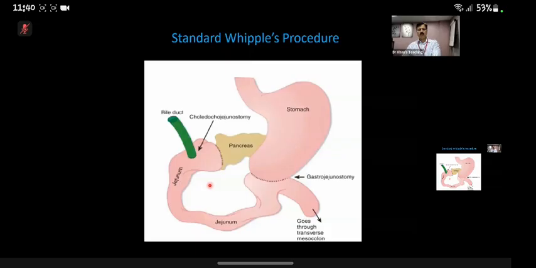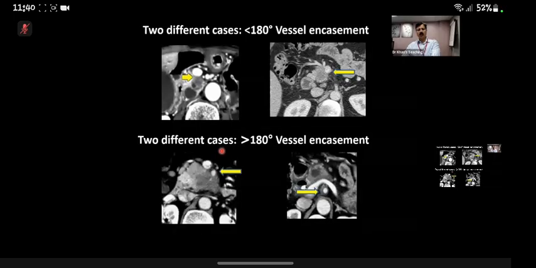Of course, if the tumor is in the body or tail, we can do a different type of surgery, in which we do choledochojejunostomy, and then we can do gastrojejunostomy also. What does it tell you? Inherently, if the tumor has gone into the duodenum, you can simply remove the duodenum with the tumor. So it will still be a T4 and it will still be operable.